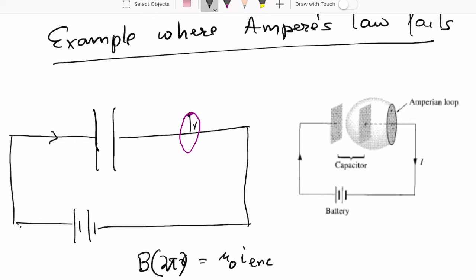So that would just be the charging current I, right? And so I enclosed would just be I. So I get B times 2 pi r is equal to mu 0 I. And so B is equal to mu 0 I divided by 2 pi r. And that is exactly the correct answer, because that's what we would get from experiments.